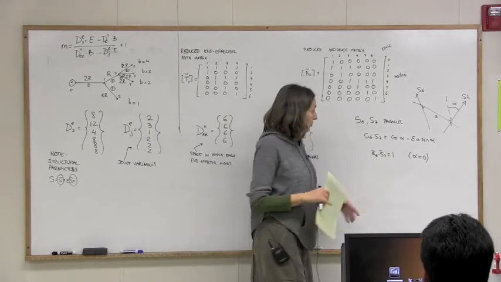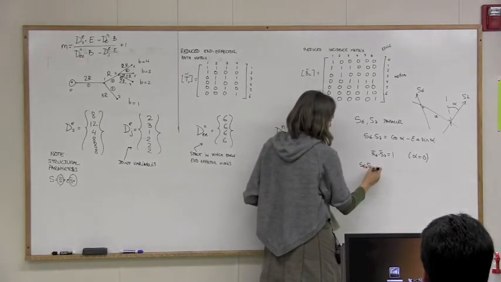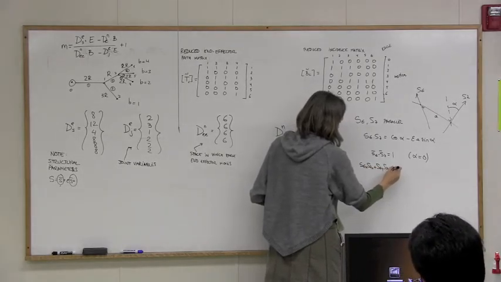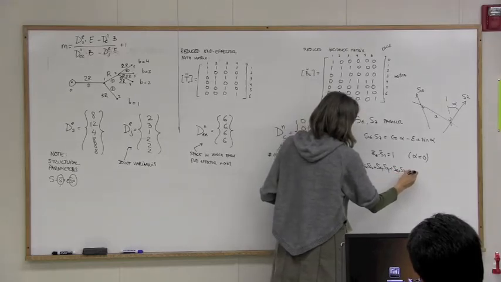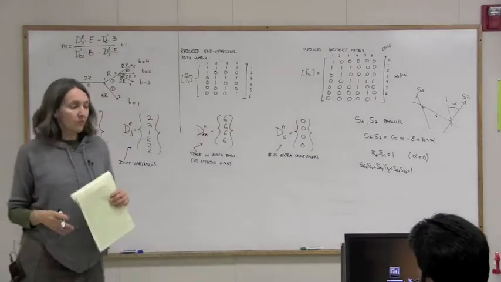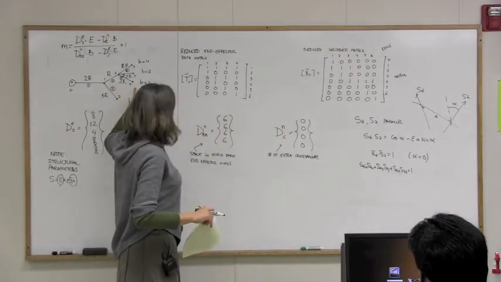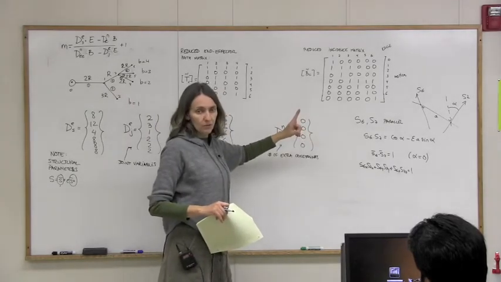These are all unknown. So this will be S6x S7x plus S6y S7y plus S6z S7z equal 1. So that's one more equation for your system of equations, and here instead of 0 you will have 1 more equation.